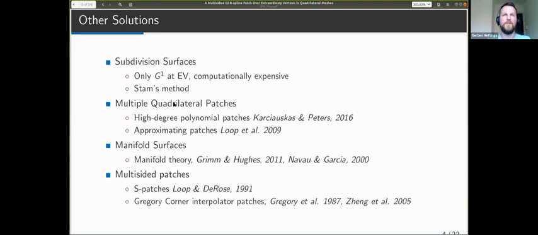Other multi-sided patches, such as S-patches, have also tried to bridge this problem, but they can only get G1 continuity at the cost of very many control points. And then there are other control structures, transfinite control structures like the Gregory corner interpolator patches, which have been used in combination with subdivision surfaces before to fill in these extraordinary regions.